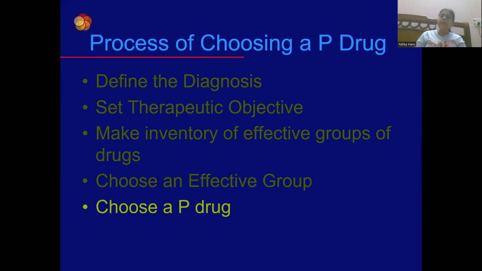And then we choose the P drug according to dosage form, dosage schedule, and duration of treatment of the drug. Again according to STEP criteria, we make the choice of the P drug, that is safety, tolerability, efficacy, and price.